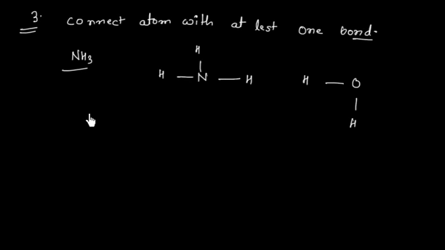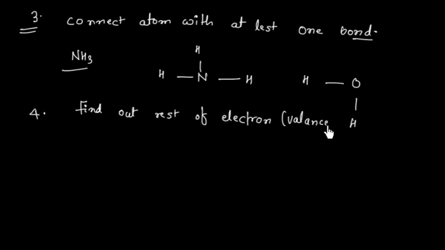Now in this step, let us say the fourth step, what you have to do is find out the rest of the electrons. Basically this is a valence electron, so whenever I'm talking about electrons, I'm talking about valence electrons.